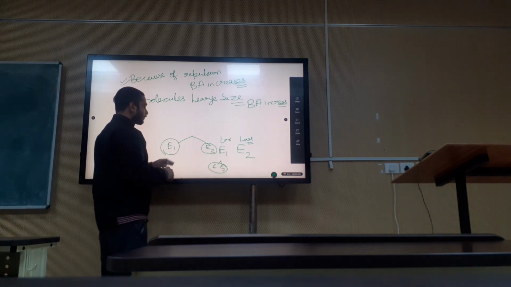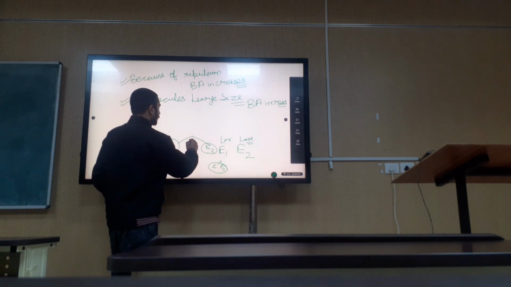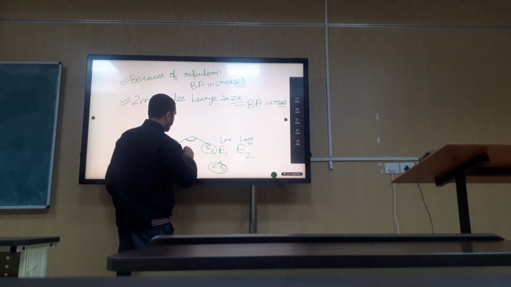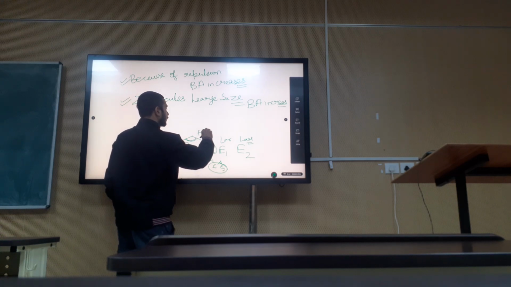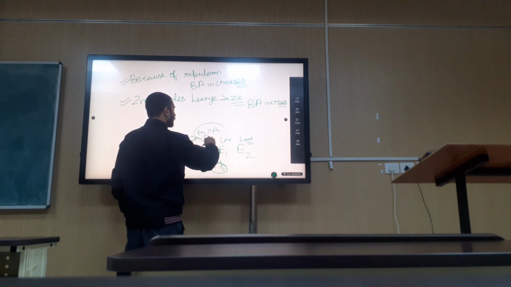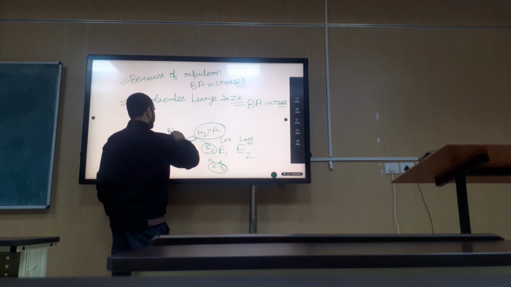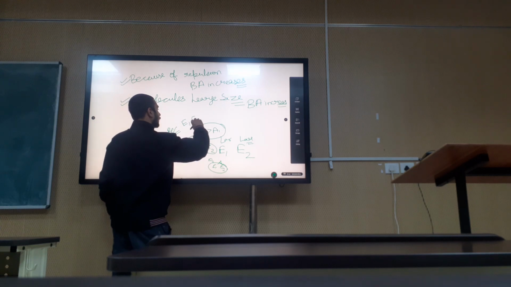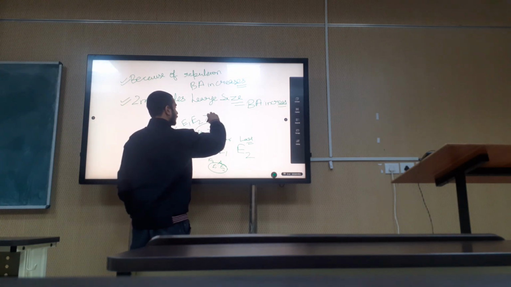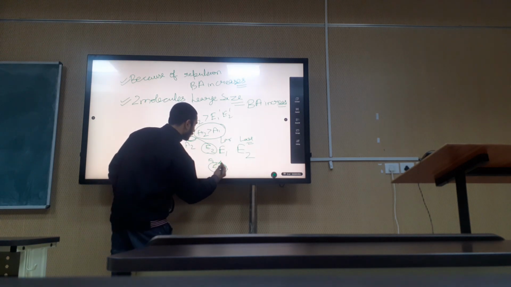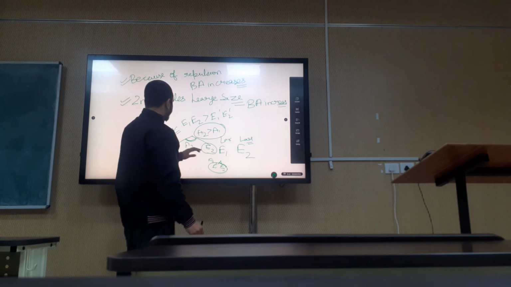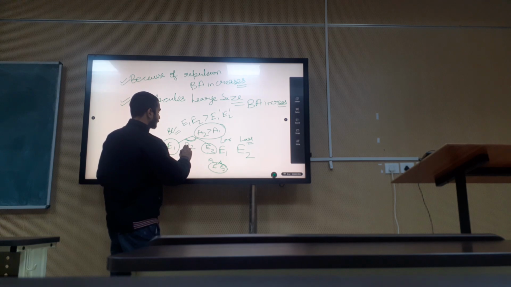Suppose this is A2 and this is A1, so A2 will be greater than A1 because E1 E2 are greater than E1 dash E2 dash. So fitting these elements in a particular compound is now easy because the angle has increased.